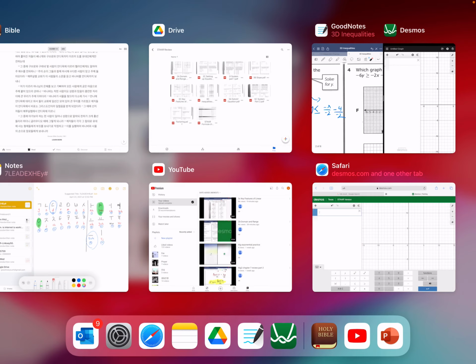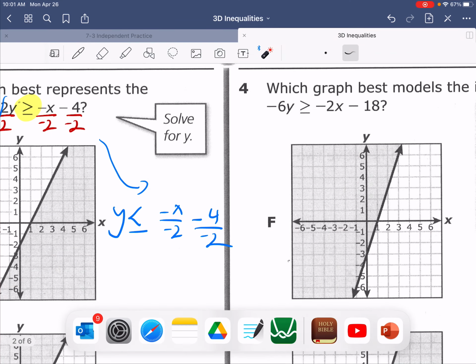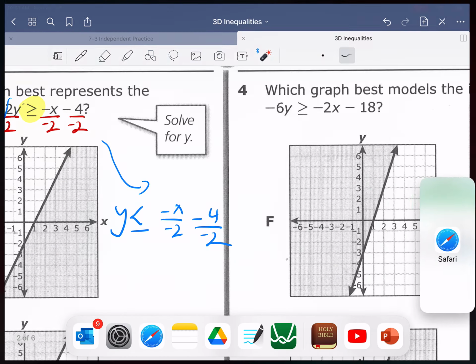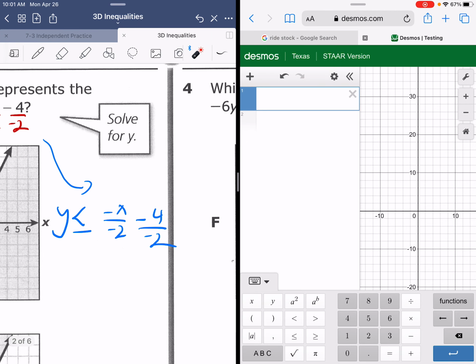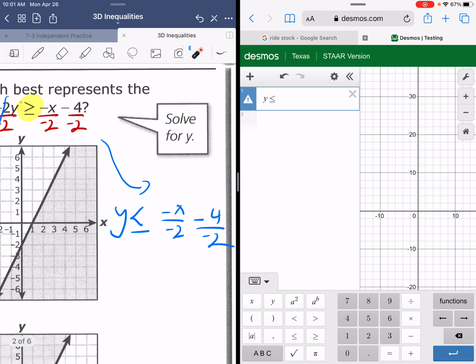Actually, instead of this one, let me use decimals for the STAAR test, because decimals are what you have to use in the STAAR test; it has more restrictions. Y is less than or equal to -x over -2, minus 4 over -2, like that.